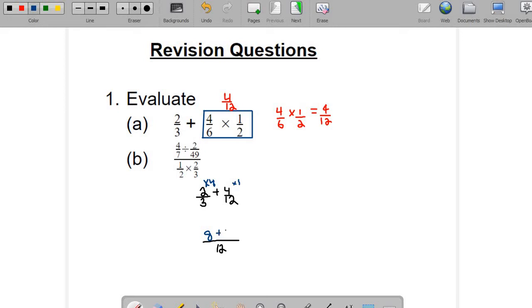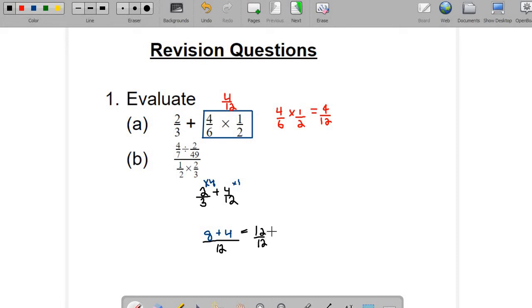Okay, so we have two like fractions now. Even though I have it written 1 time, really and truly, we're adding 8/12 plus 4/12. Okay, our final answer is going to be, so since we have two like fractions and we're adding, we're just going to add up the numerators, and that is going to give you 12/12.